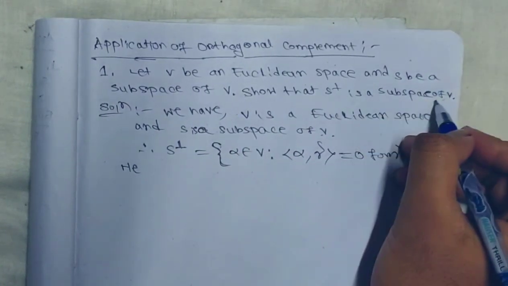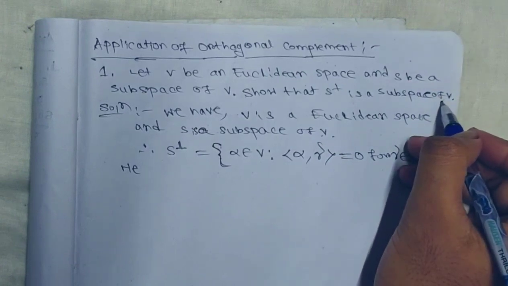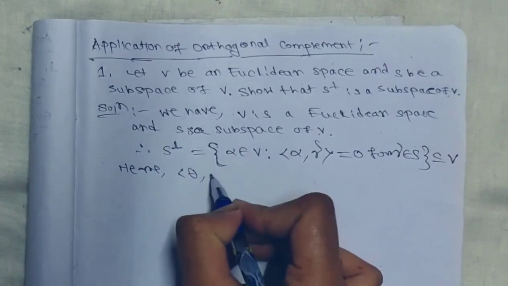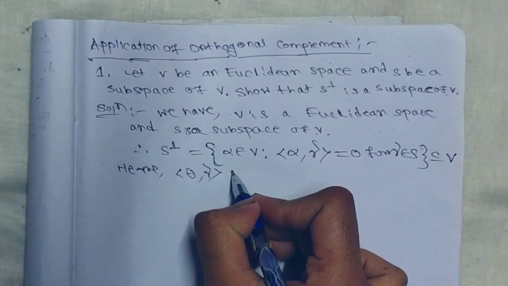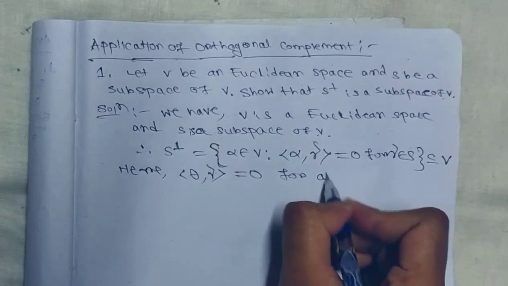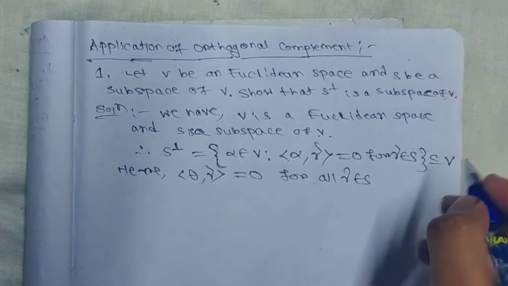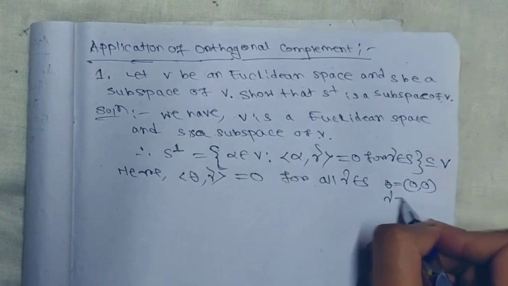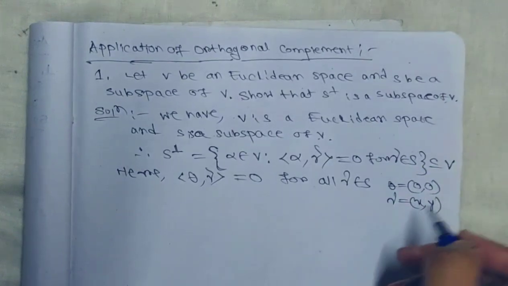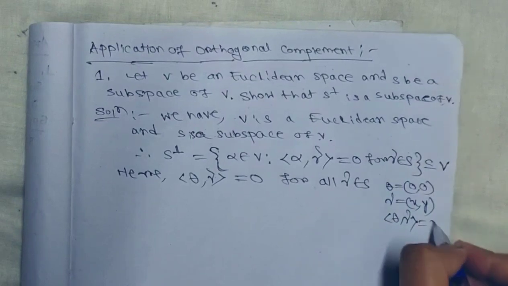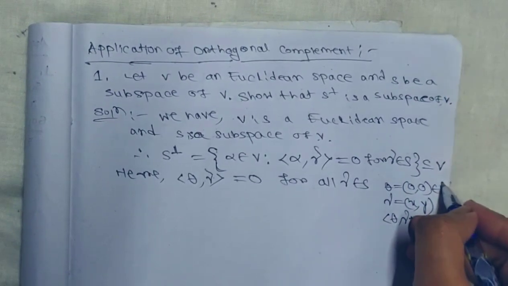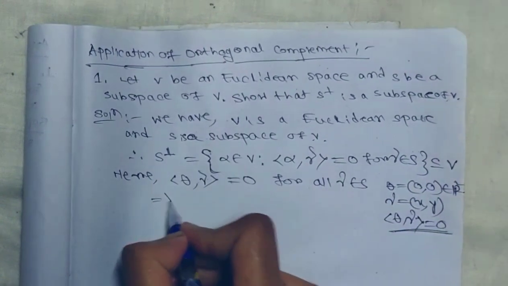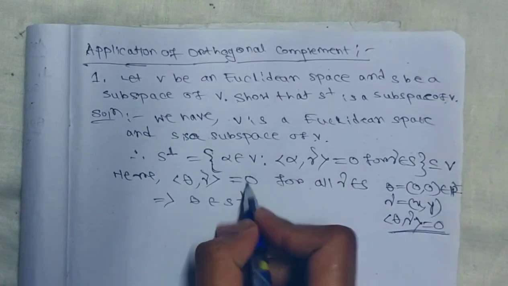तो S bar को V का सबस्पेस दिखाने के लिए सबसे पहले हमें S bar को नॉन एम्प्टी दिखाना होगा. सो here, inner product of theta, gamma equals 0 होगा for all gamma belongs to S. क्योंकि मान लीजिए theta equals R2 टाइप एलिमेंट है तो 0, 0 आएगा और gamma equals let x, y. सो inner product of theta, gamma equals 0 आएगा. ये R2 टाइप के लिए सेटिस्फाई करता है, वैसे ही R3 टाइप के लिए भी inner product of theta, gamma equals 0 ही आएगा. सो दैट इम्प्लाई theta belongs to S bar.